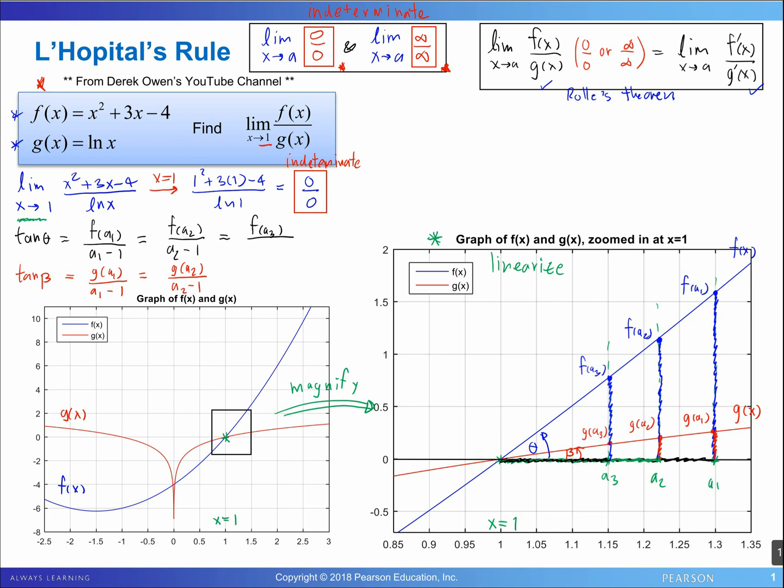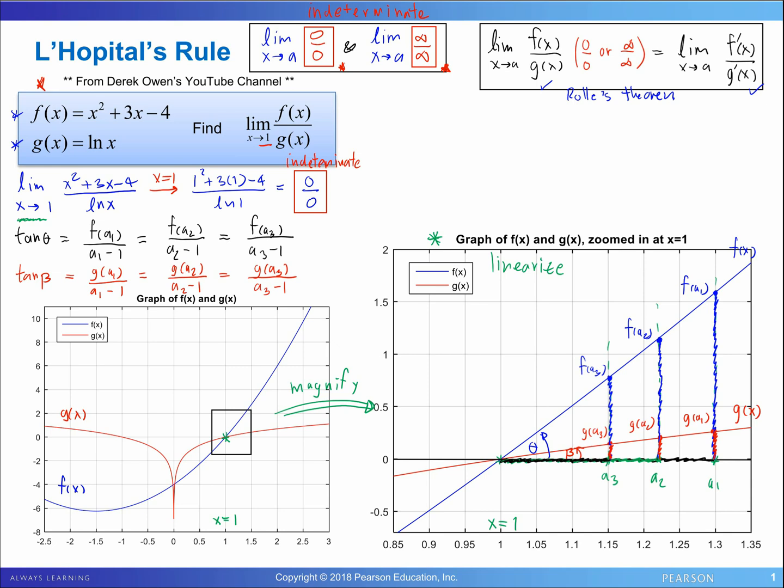The length of this is equal to A3 minus 1. Now for tan beta, the opposite side would be this side right here, this small line. The length of this is equal to g of A3, divided by the close side again, and it's going to be the same black line. So once again, the length of that is equal to A3 minus 1.